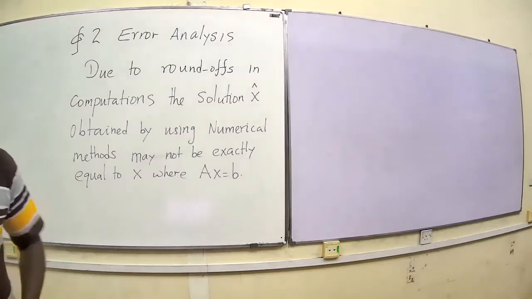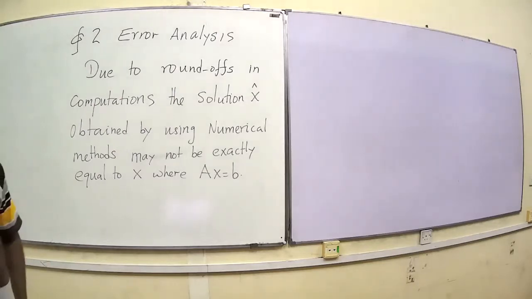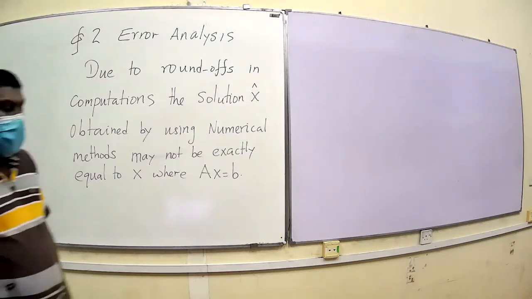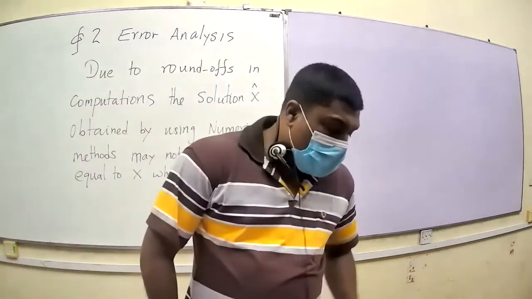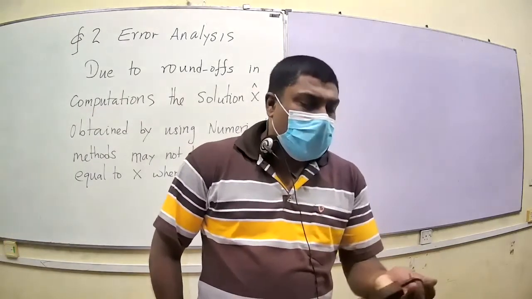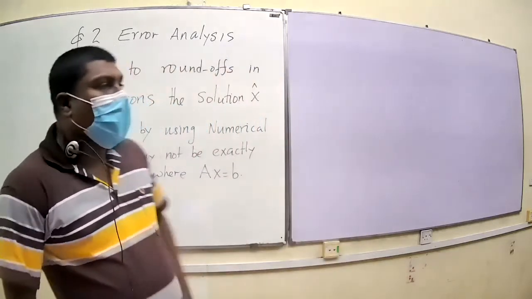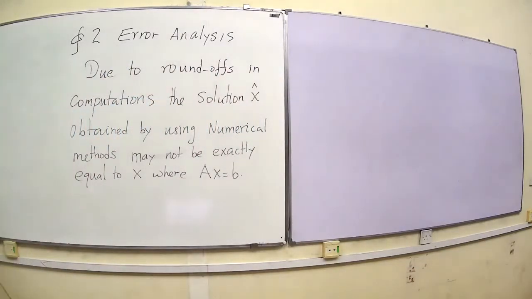Okay, so this is the common problem we will have in any kind of numerical computation, right? Because of the computing limitations computers might have, which is known as round off errors, which you learn in numerical analysis in second year, in AMM 204, in the first chapter, right?